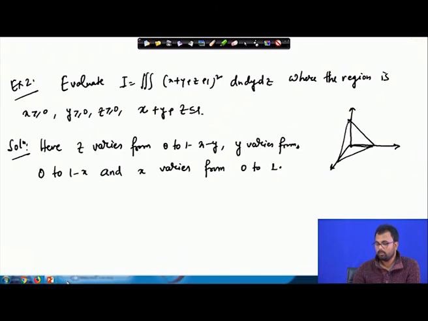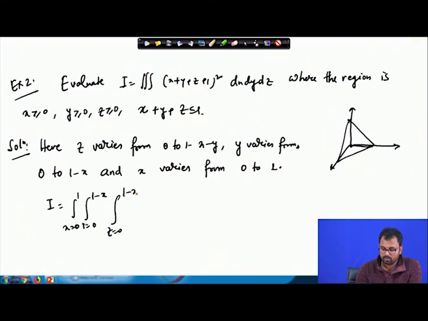So, we have got the limits of the integration, and now we can calculate the integral. Basically, the triple integral with x running from 0 to 1, y running from 0 to 1 minus x, and z running from 0 to 1 minus x minus y.